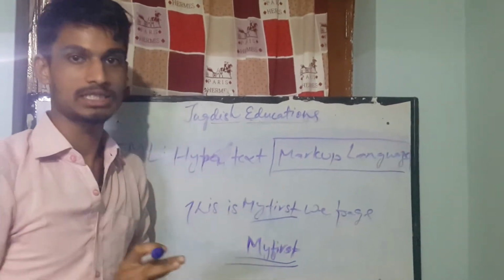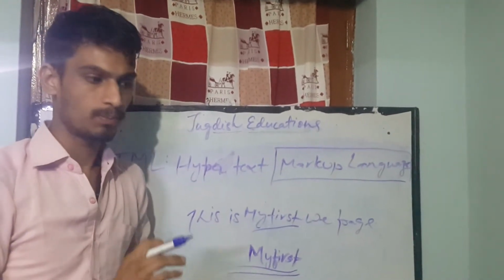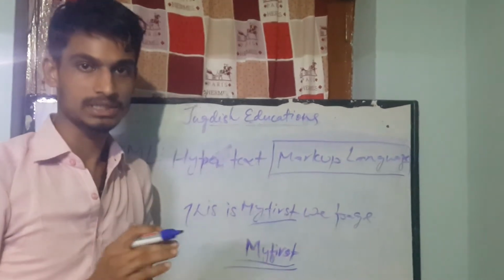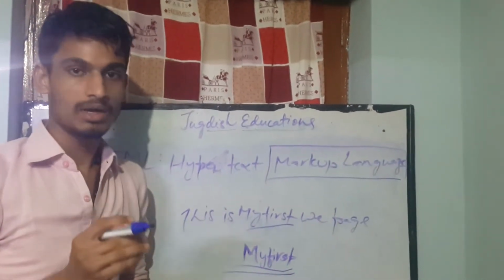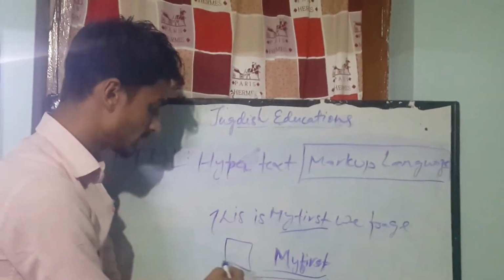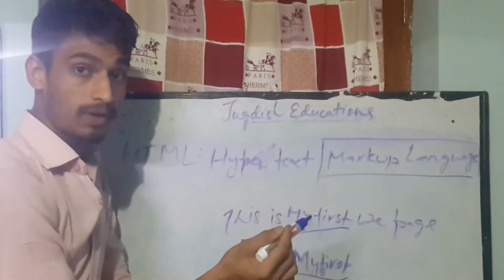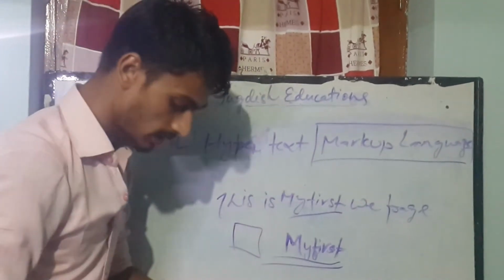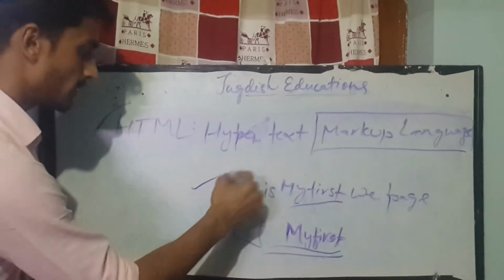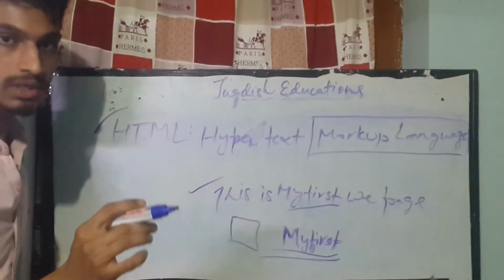We can change the HTML page also, with concepts like margin and padding, which we will come to know. So we design web pages by using HTML. I have discussed why we need HTML: HTML is used for designing web pages.